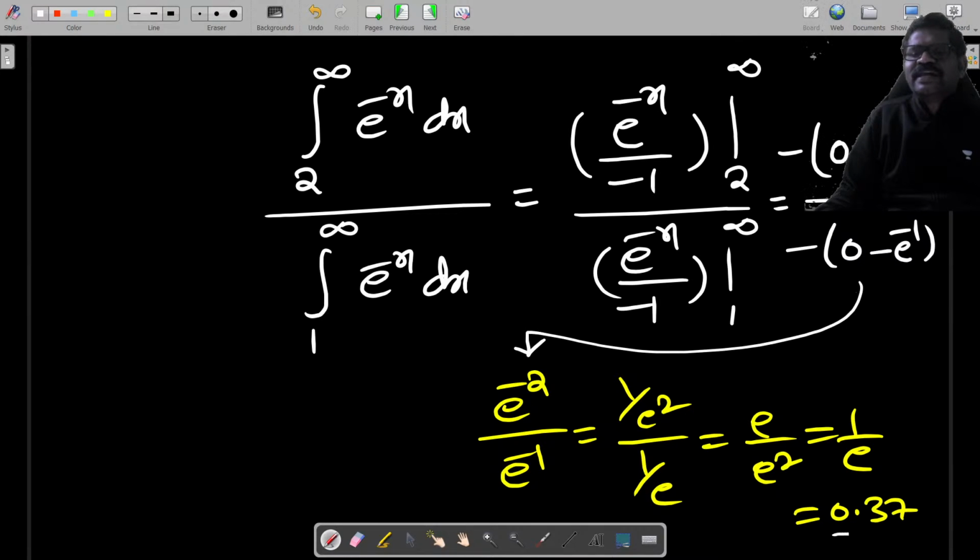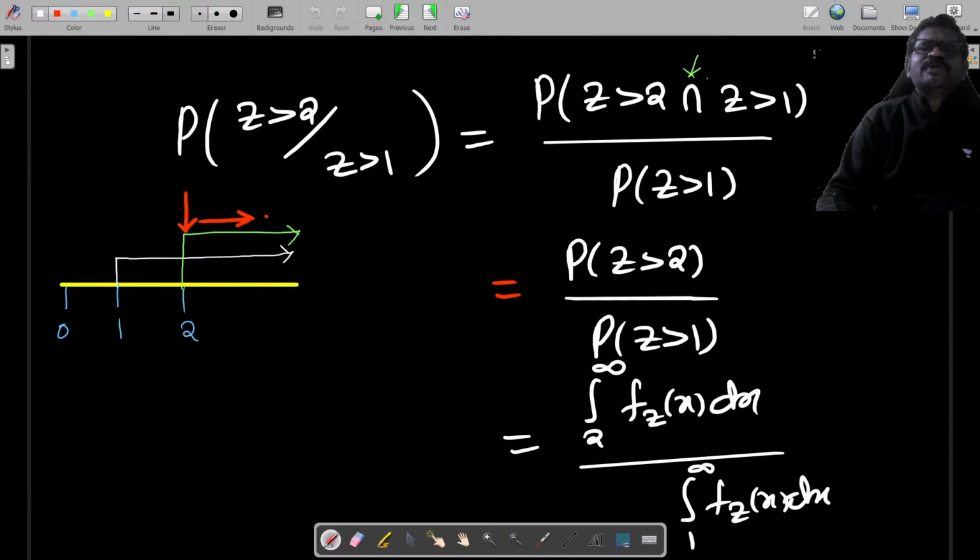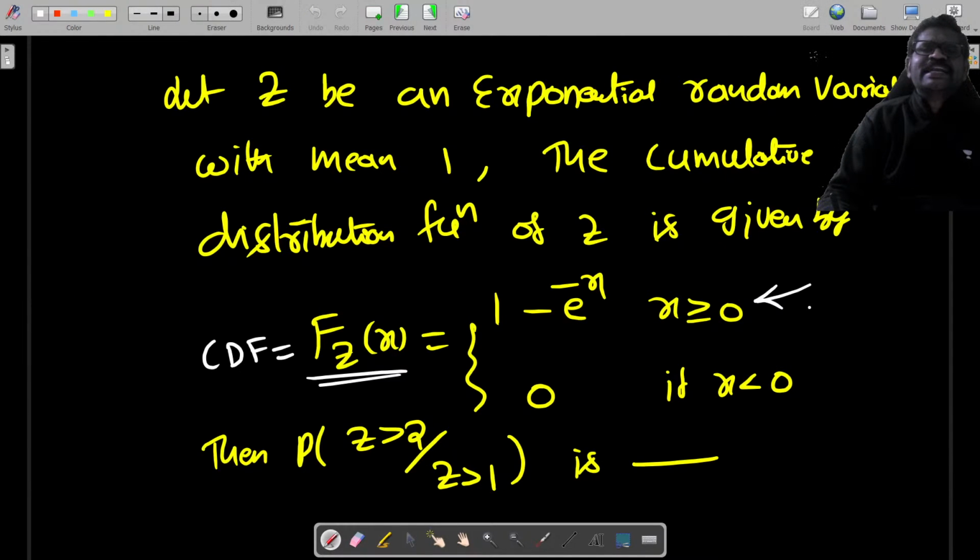So the final answer is 0.37. Understood? This was given in 2019 EC.